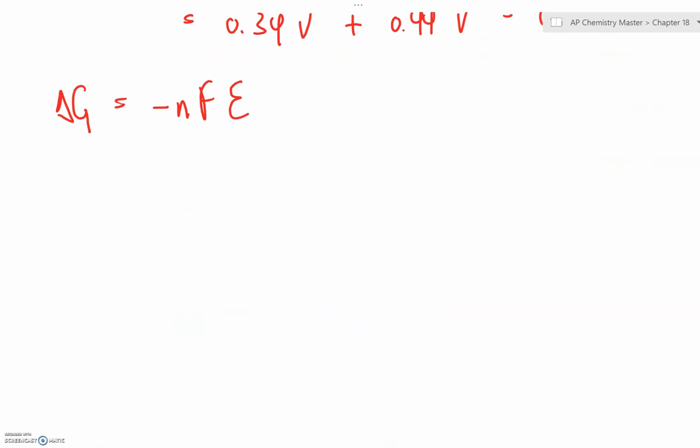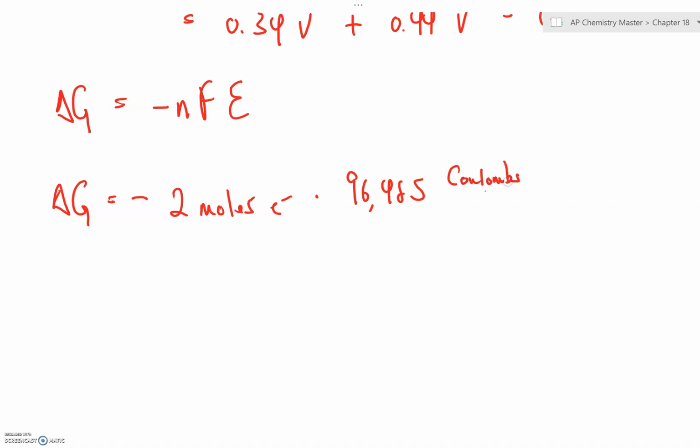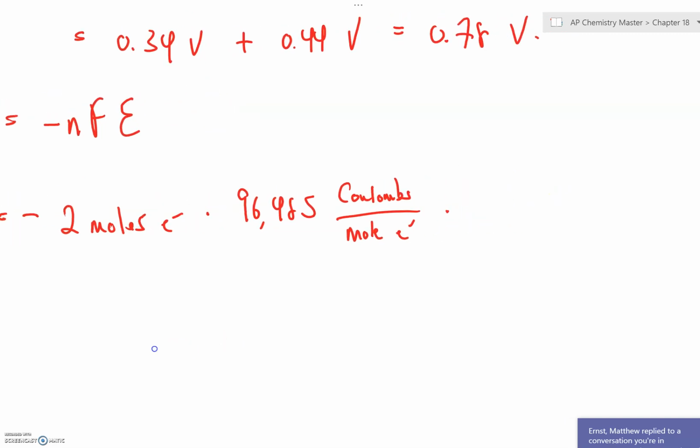So let's find delta G, and we're going to write our units a little differently. So we know we have negative 2 moles of electrons times a Faraday, which is 96,485 coulombs per mole of electrons, times our voltage.